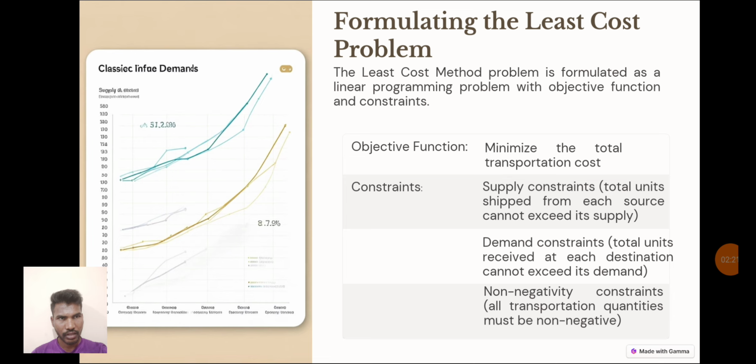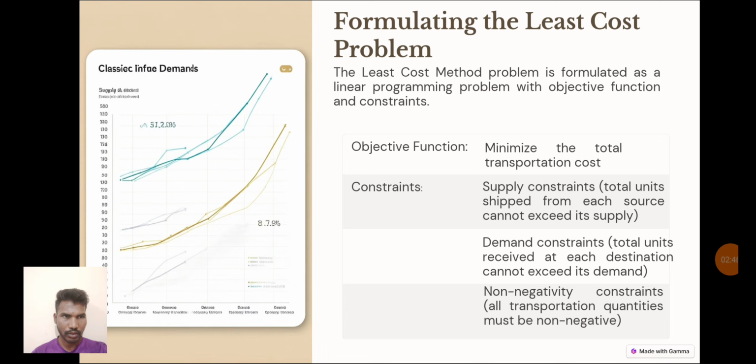Formulating a least cost problem. The least cost method problem is formulated as a linear programming problem with an objective function and constraints. Objective function: minimize the total transportation cost. Constraints.